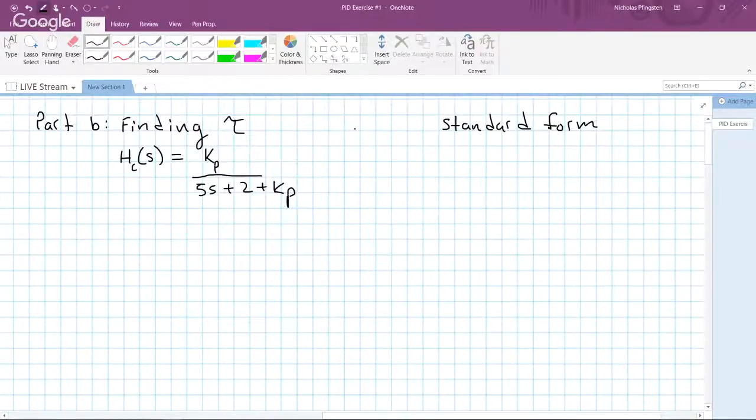It's going to be m x double dot plus c x dot plus kx equals 0. And so we want this setup. Now this is first order, so we don't have a whole lot going on. We're just going to do some rearranging to get as close to that as we can.